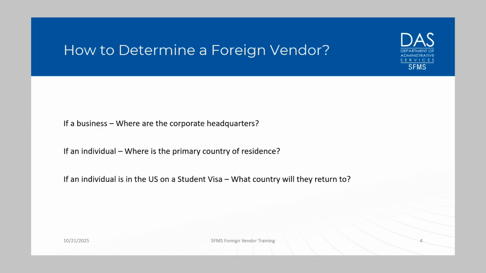That's where they've been incorporated, or are their headquarters in Canada, Iceland, England, Australia, New Zealand, Germany? Those are some examples of headquarters outside the U.S. If an individual, where's their primary country of residence? Are they Canadian, Australian, New Zealand? You get the idea. If an individual is in the USA on a student visa, the question is, what country will they return to when their program is over?